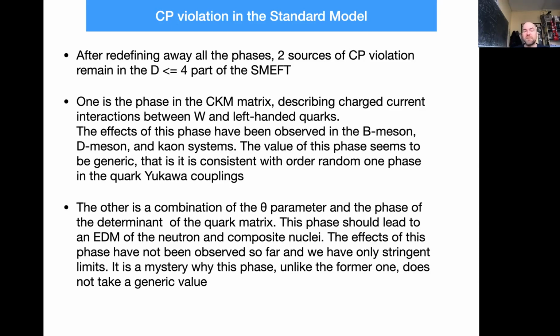There is nothing special about it. It looks consistent with the assumption that phases in the standard model Lagrangian are completely random. What we measure in the CKM matrix seems to be a completely ordinary order one phase, and it somehow gives us confidence that phases in the Lagrangian are something generic.